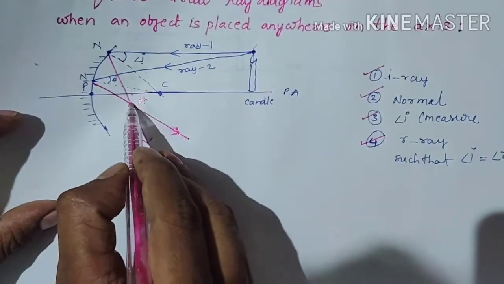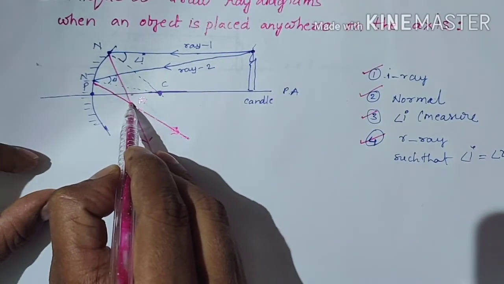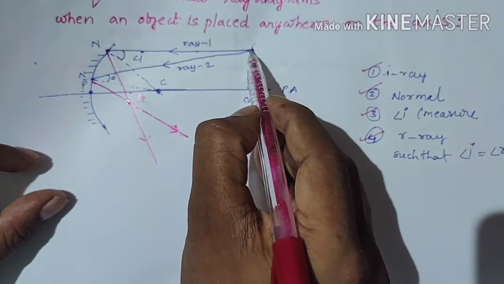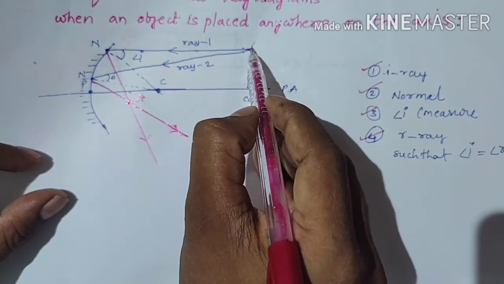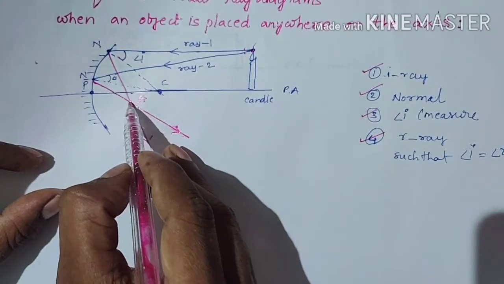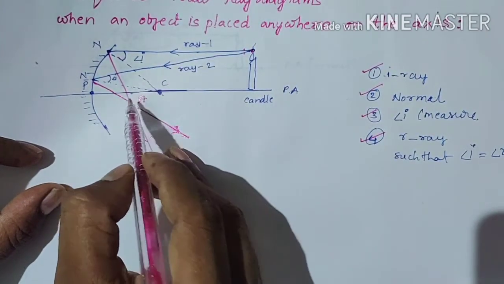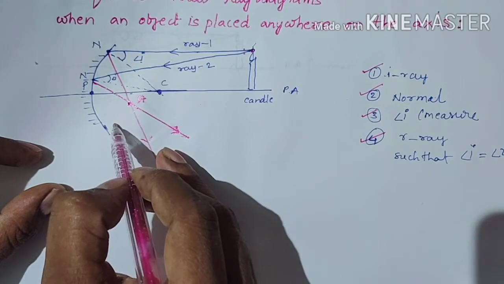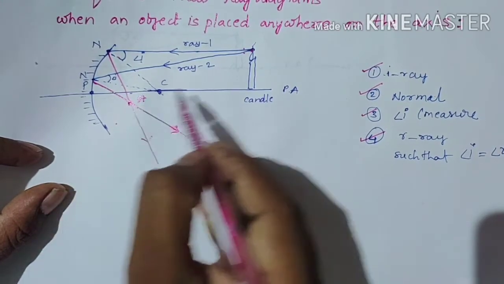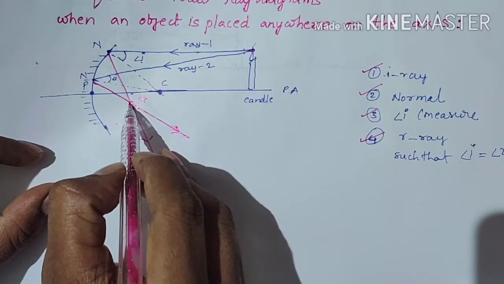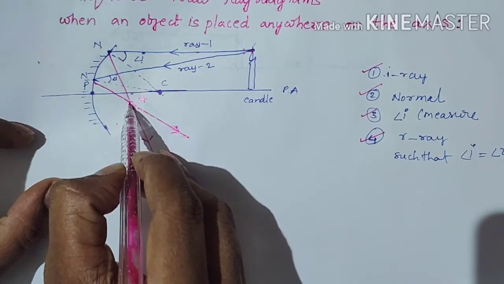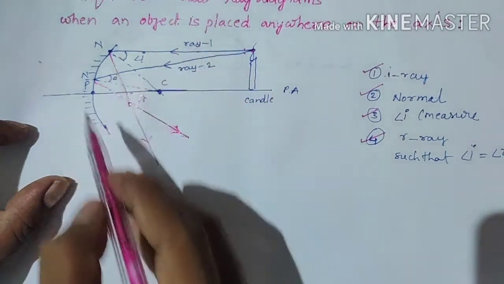This point of intersection will give you the image of this particular point. So you have taken 2 rays from this tip of the flame, you will get the image here. If you place a screen here, you will get a clear image of this point at this point of intersection. So in this way we construct these ray diagrams.